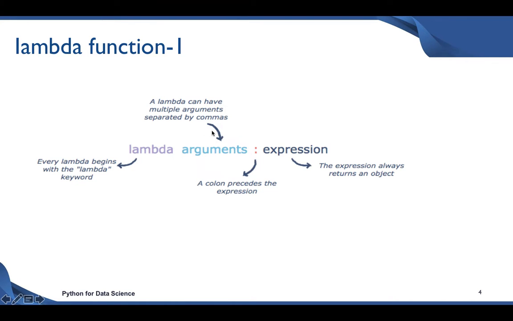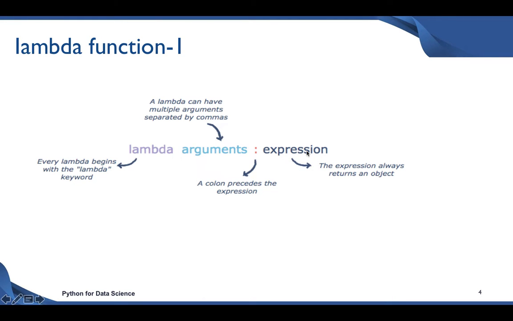These arguments could be a single argument or multiple arguments separated via comma. Then we have the colon followed by the expression, and this expression always returns an object, right? So this is kind of a condition or some evaluation in which we are returning that object.